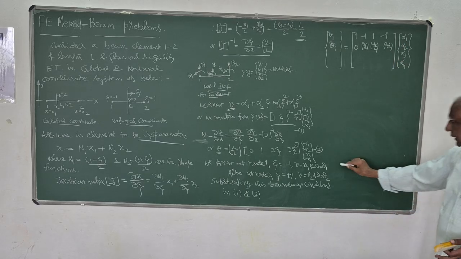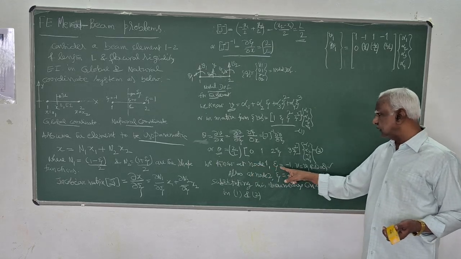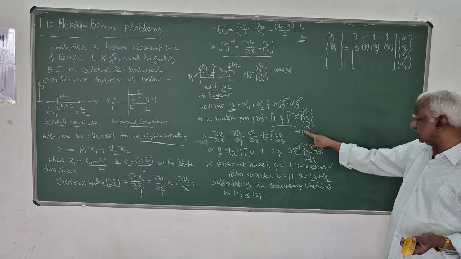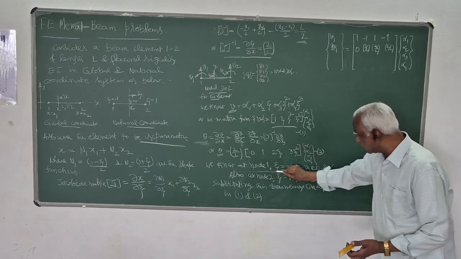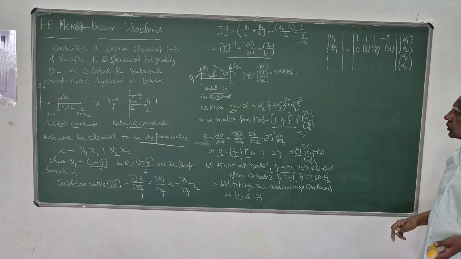This is by applying this condition, V at node 1, xi equals minus 1 and v equals v1, theta equals theta 1. In these two equations, if you substitute this entire condition, you will get these first two rows.